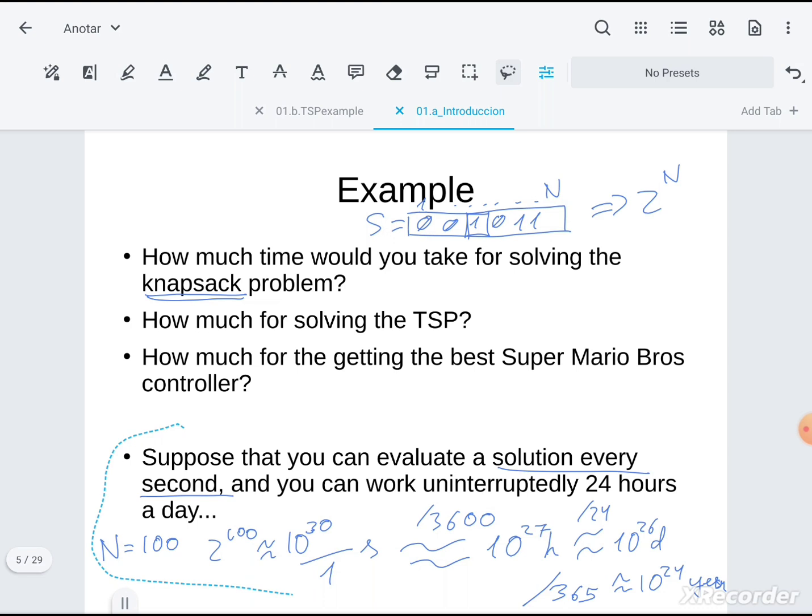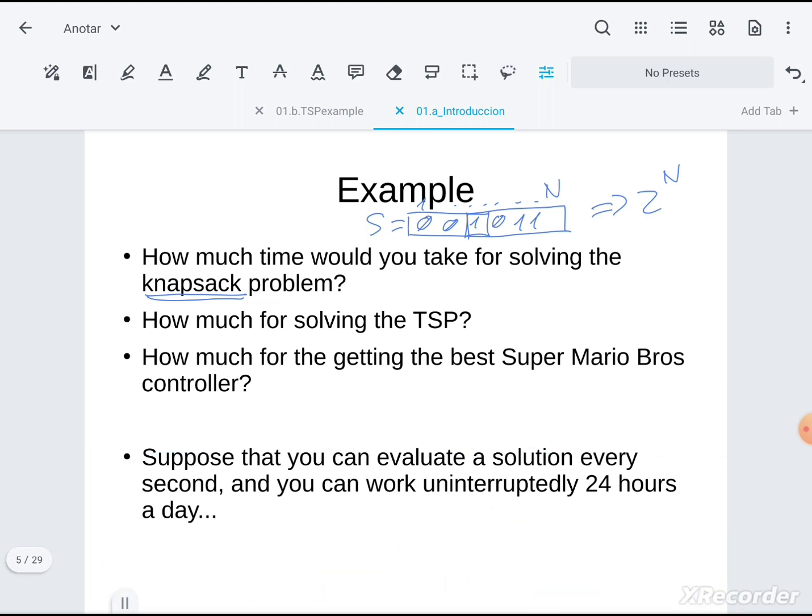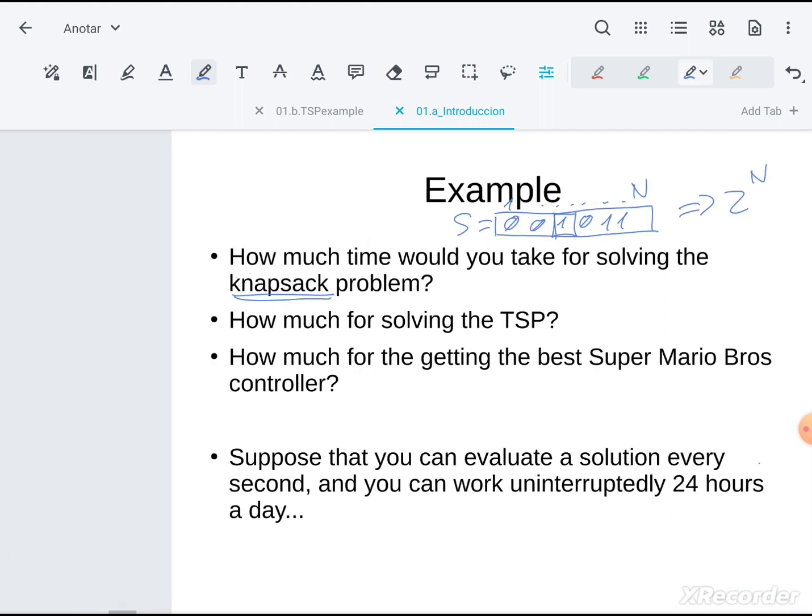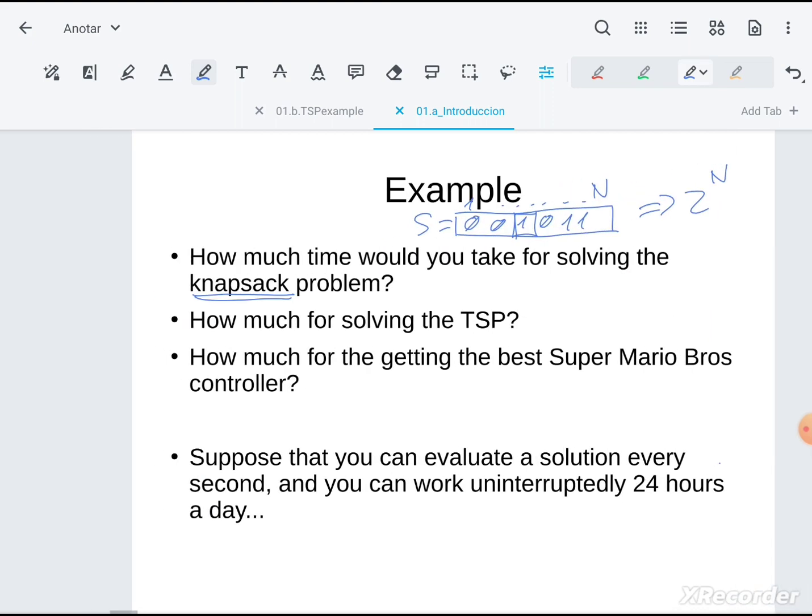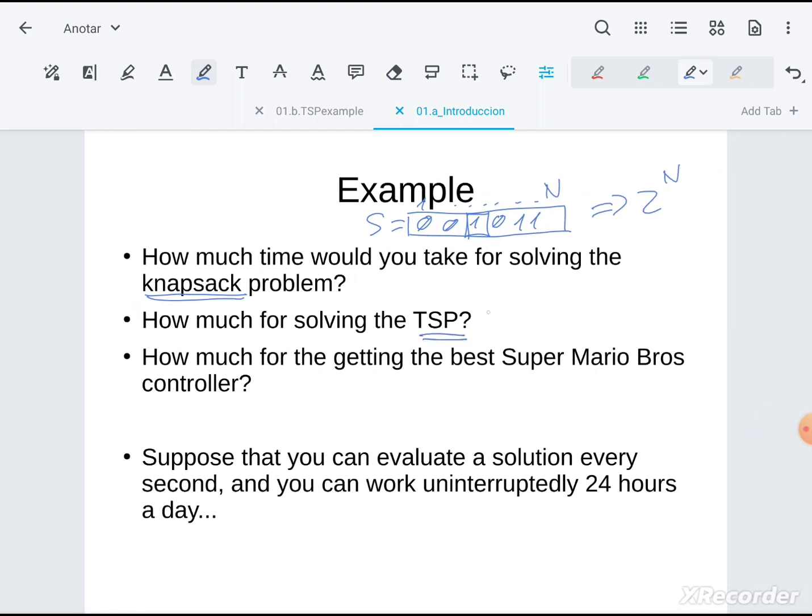And with the traveling salesman problem, the case is similar, because the number of solutions, which are permutations of the clients, is n factorial, which also grows exponentially.